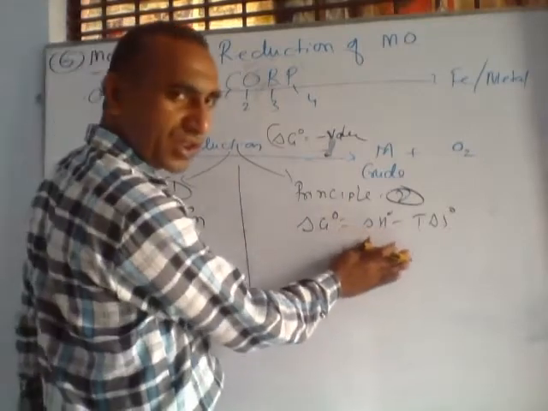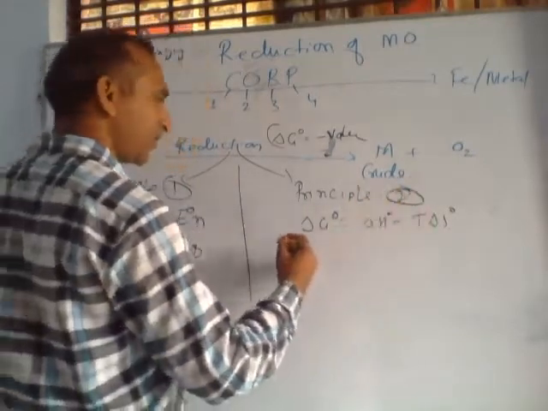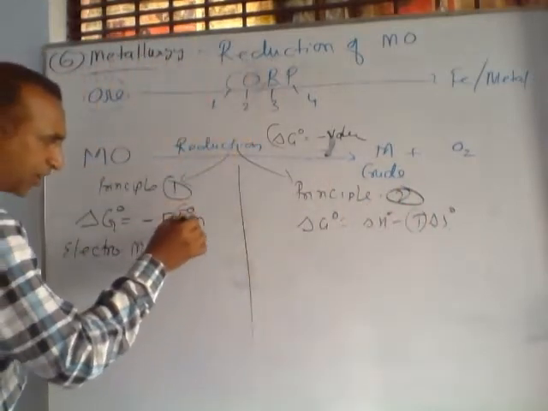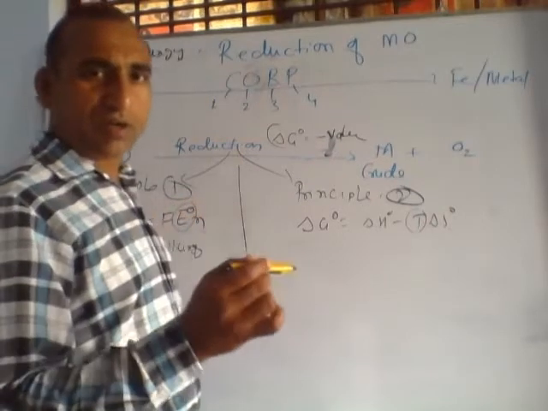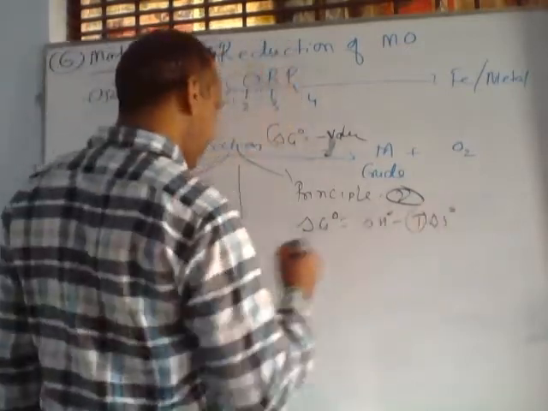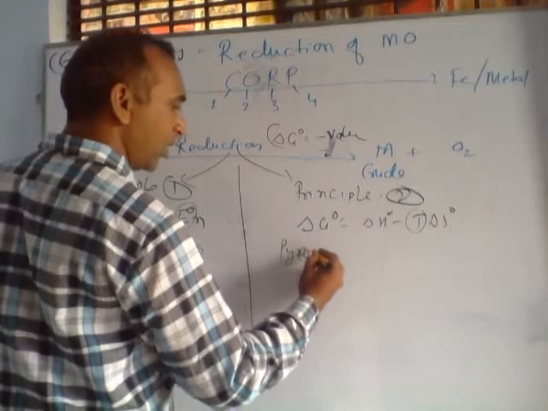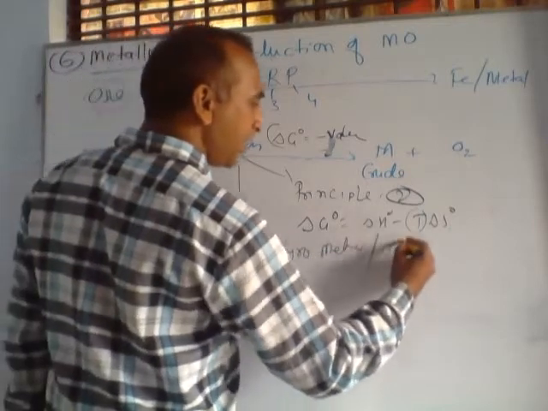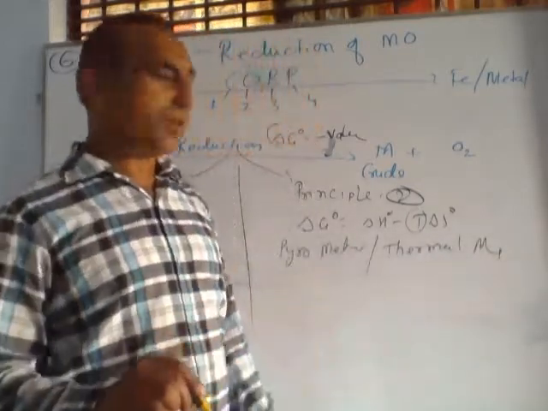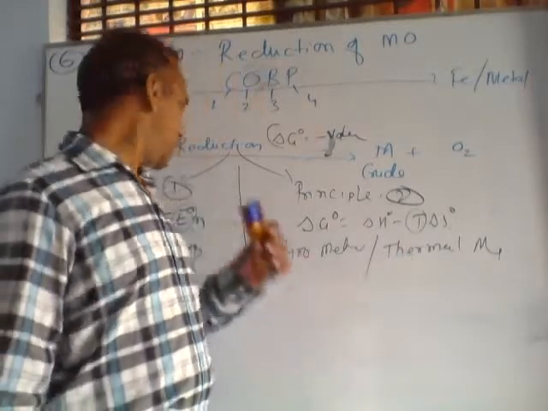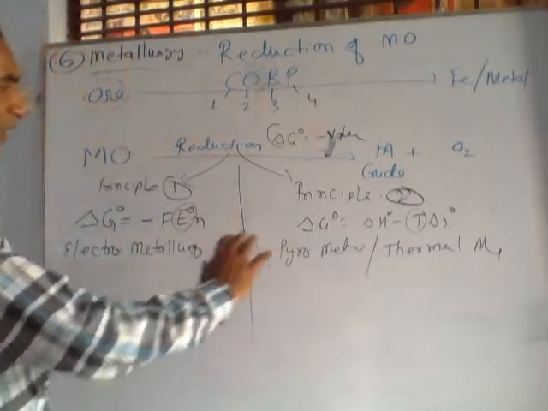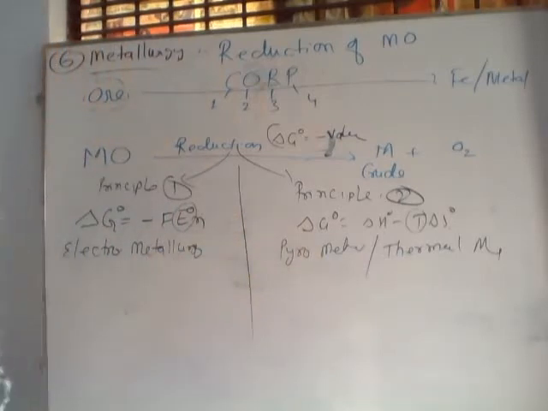If we follow the second principle, based on temperature, the process is called pyrometallurgy, otherwise thermal metallurgy. Thermal means heat, pyro also means heat. We will discuss these two processes in detail one by one.